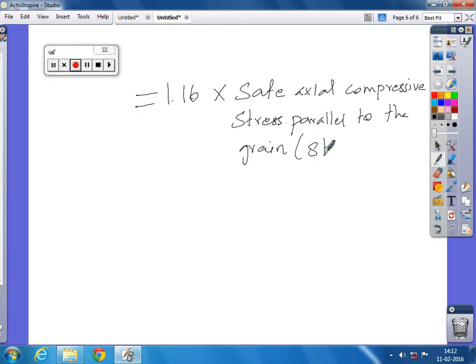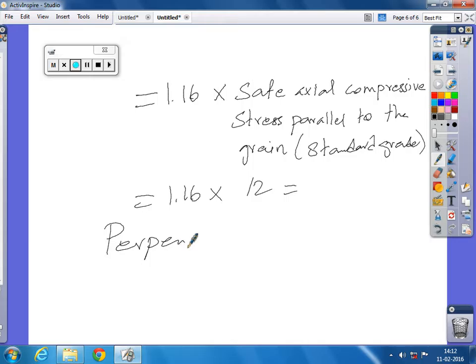This is standard grade. 1.16 into what is this value? 12. So 1.16 into 12 is how much? The similar way for the perpendicular. See, I am writing short, you got to write the whole sentence. Safe axial compressive stress perpendicular to the grain, that is also 1.16 into what?